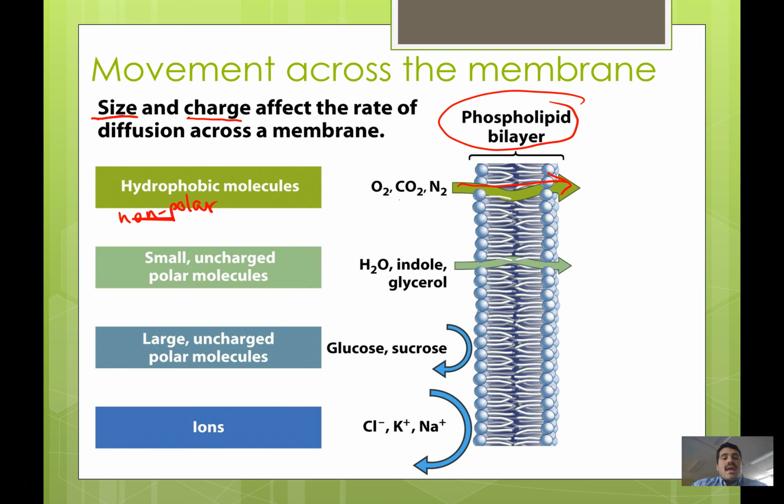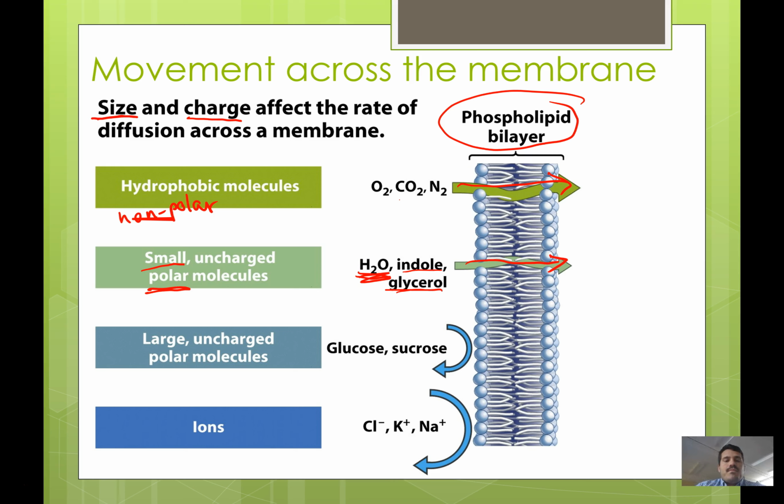Some small uncharged polar molecules, so these are polar, if they're very, very small like water, especially water, but also indoles and glycerol, for example, can also naturally pass through the phospholipid bilayer. Water we're going to talk about quite a bit in a second.